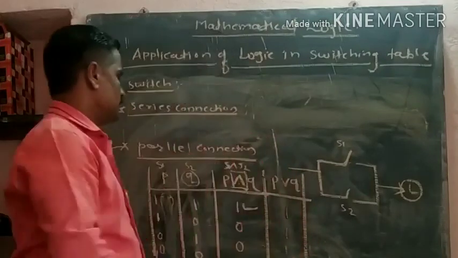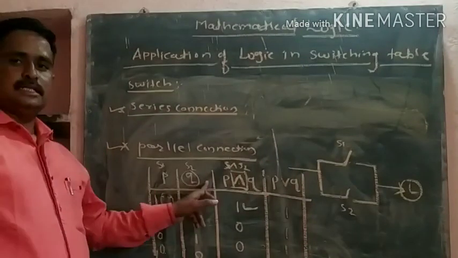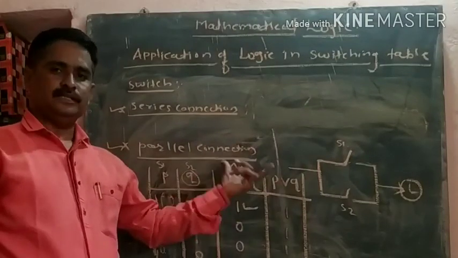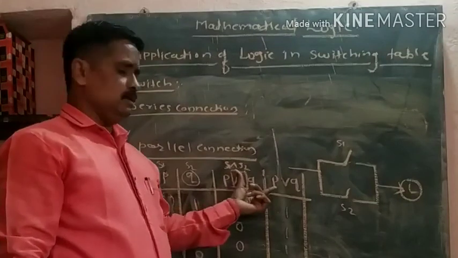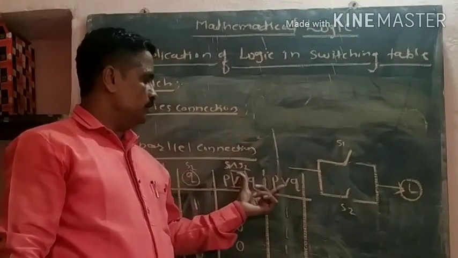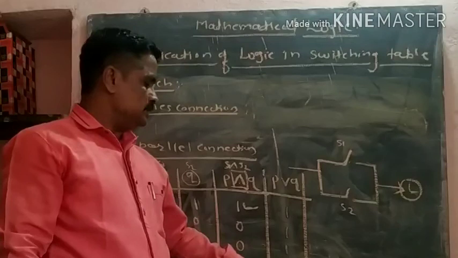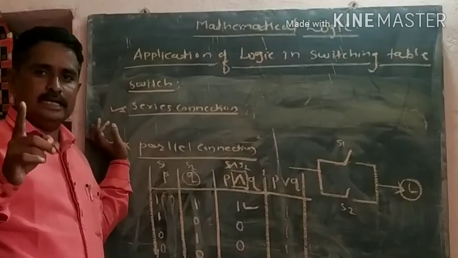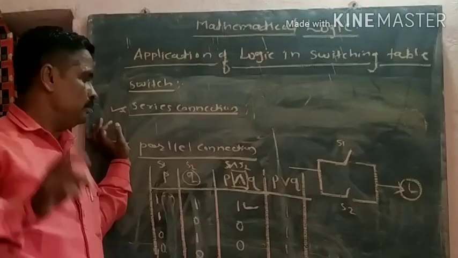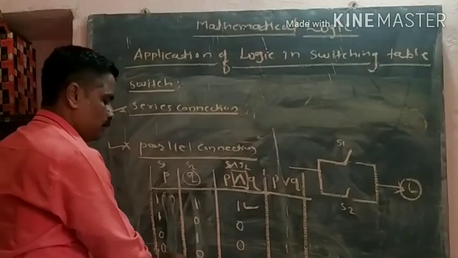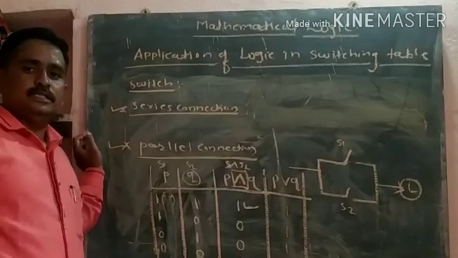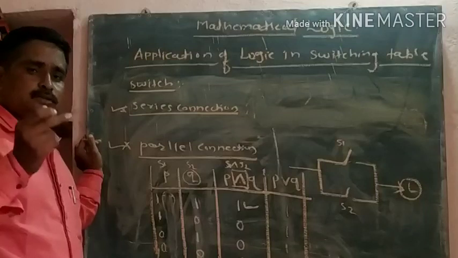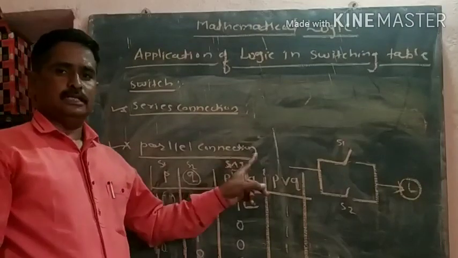So this is the basic idea to construct an input and output table of any switching of any logical statement. We construct a switching table in this manner, always using 1 for T and 0 for F, and use a similar procedure as when constructing a truth table of a logical statement.